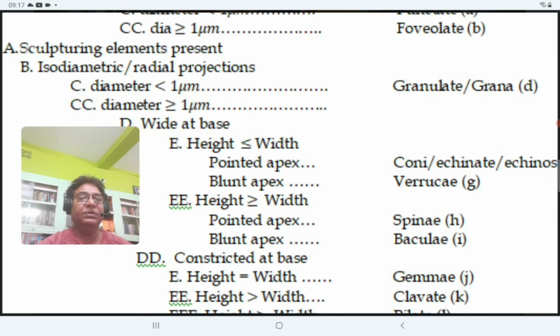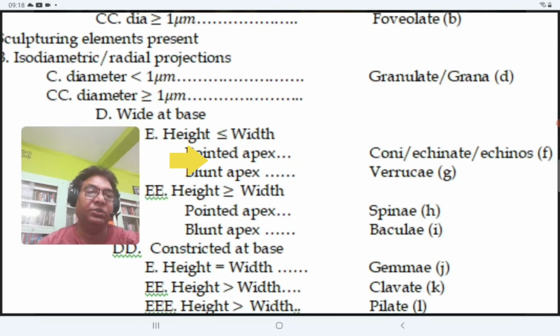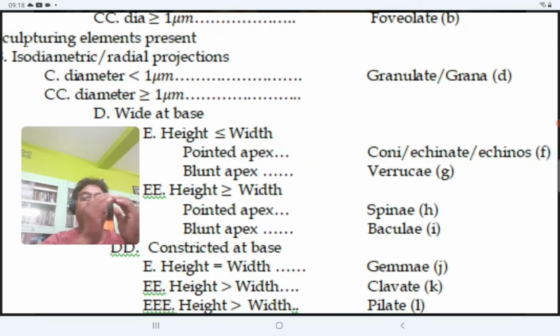Under that situation, it may be pointed or it may be blunt, rounded. If it is pointed like this, we will call it coni, echinate or echinous. And if it is blunt like this, then we will call it verrucae or verrucate.